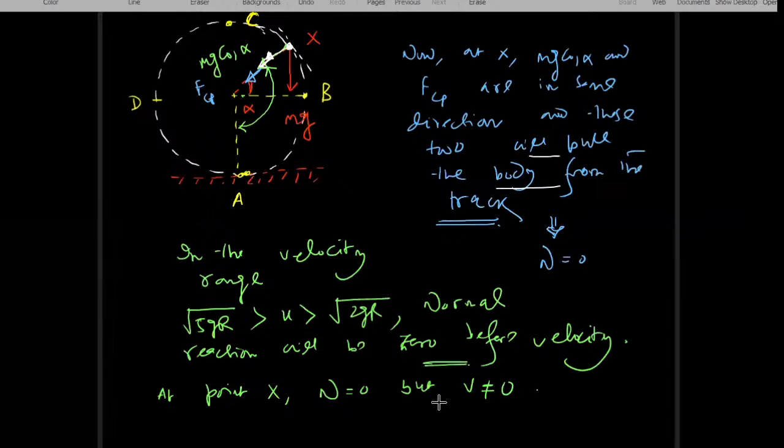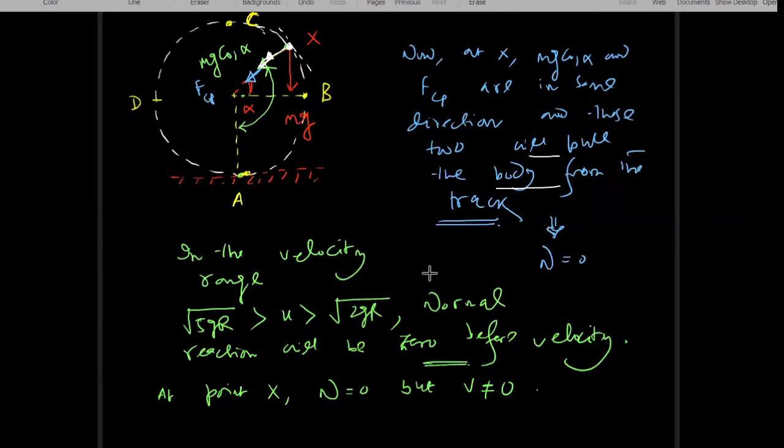Joshika, tell me. Sir, root 5 GR is the velocity needed to reach C from A. Yeah, root 5 GR is the minimum velocity that should be given at point A so that it can just reach point C. To cross C, it is root GR.